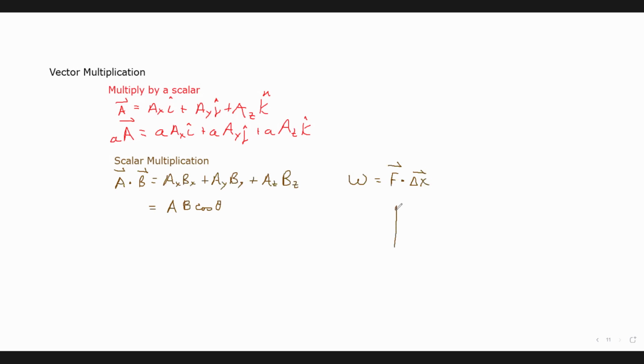So if I have A here and B here, that is the angle that I mean. That angle will exist in the plane defined by A and B, but it won't be the polar coordinate theta, because A and B are in 3 dimensions. So they could be pointed in any old direction and form a plane that is in any direction. So theta is the angle between the two.